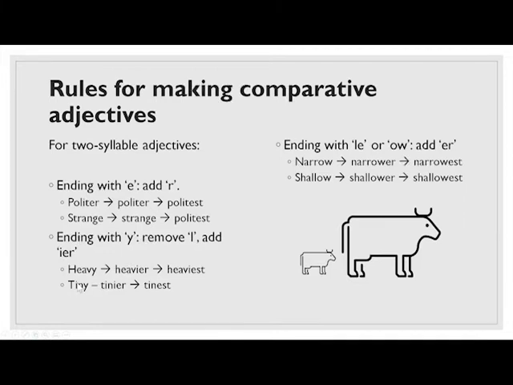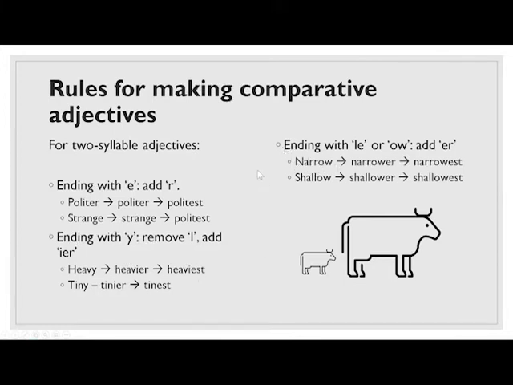Another example of a two-syllable adjective which ends with y is tiny. Tiny means very small. So the comparative form becomes tinier, and the superlative form becomes tiniest.